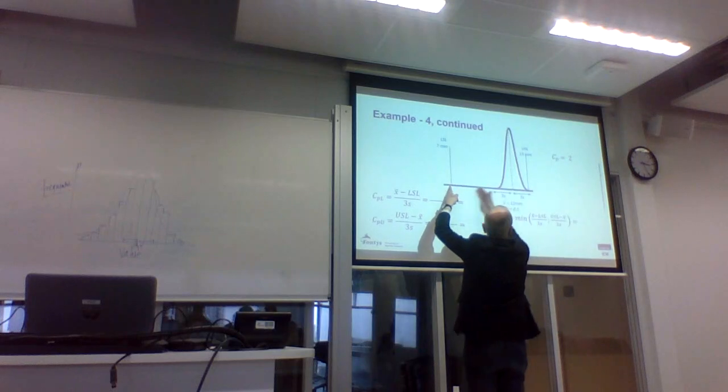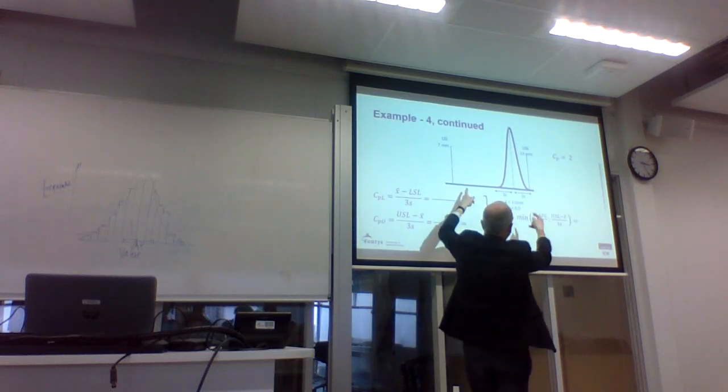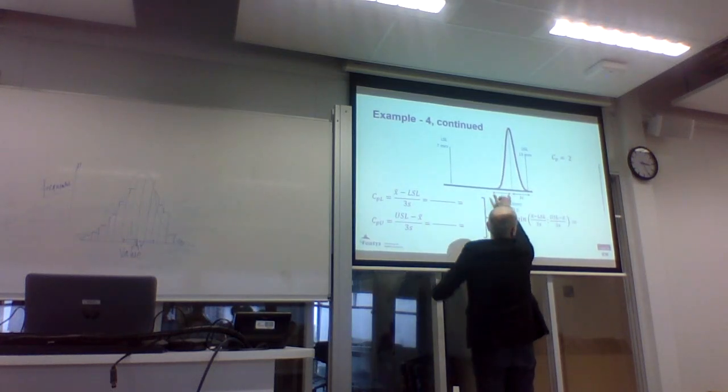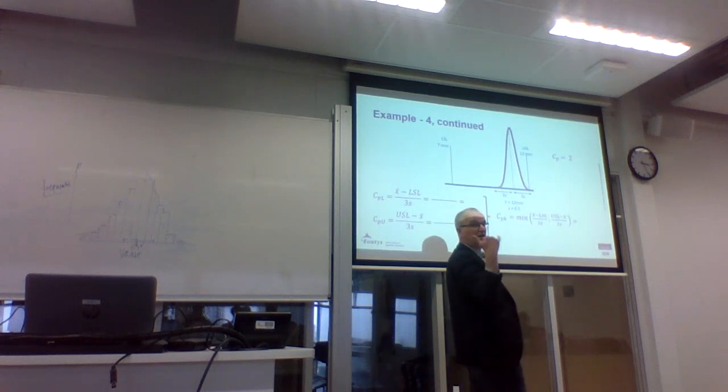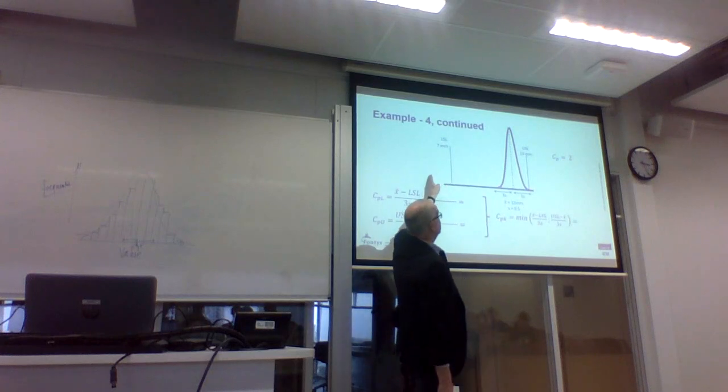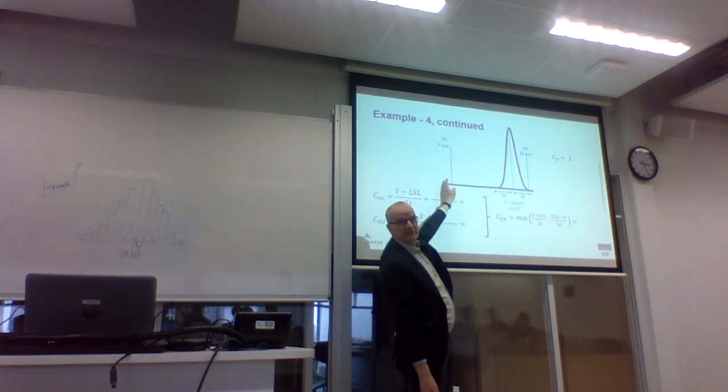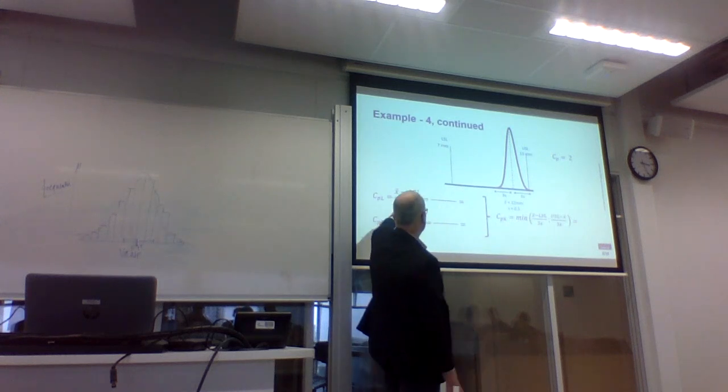So you only look at the left-hand side from the average. That's pretty safe, right? It's very unlikely with this data that you're going to create something lower than the lower specification level. So if you calculate this, it's going to be a very high number.